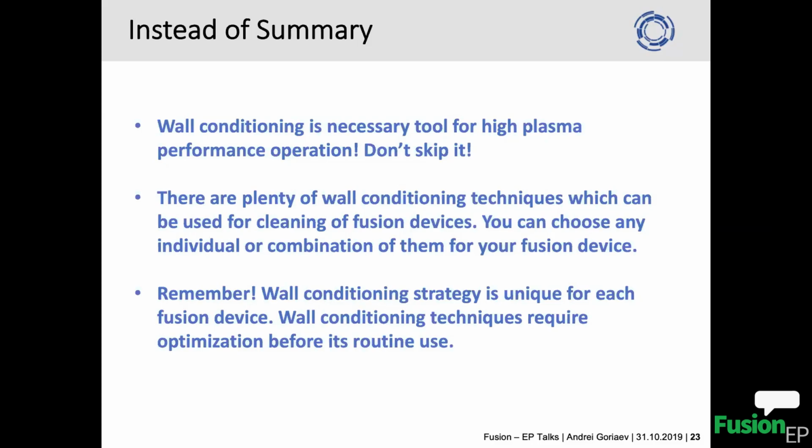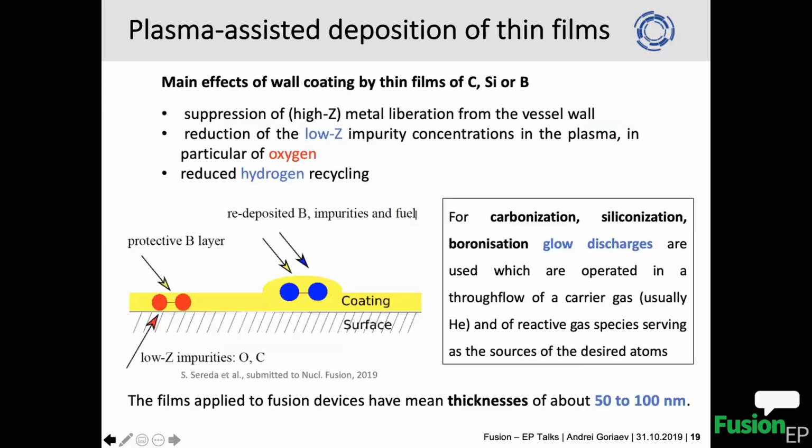Andrei, thanks a lot for this comprehensive talk. Could you go back quickly to one of the first boronization slides? Okay, I had two very simple questions. Boronization is typically done, I think, with mixtures of helium with boron-rich gases like the diborane that you showed, but also carborane sometimes.